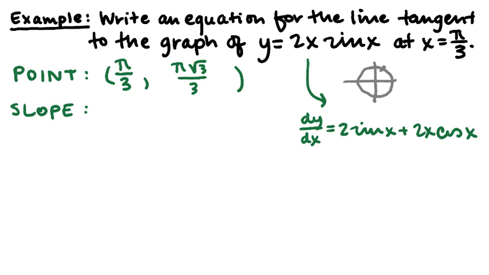And now to get the slope, I'm going to plug x equals pi over 3 into my formula for dy/dx. So this is 2 times the sine of pi over 3. And then 2x is going to be 2 pi over 3 multiplied by cosine x.